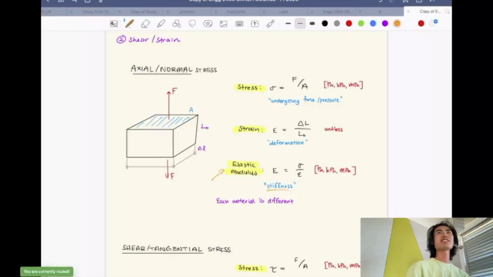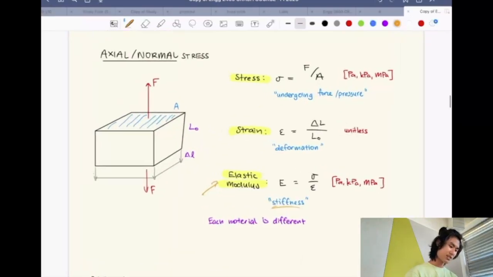Stiffness is basically how strong it is under pressure. Steel, for example, is more stiff than wood or rubber, right? If it's a lower elastic modulus, then it is more elastic. So the higher the elastic modulus, the less it can stretch, pretty much.